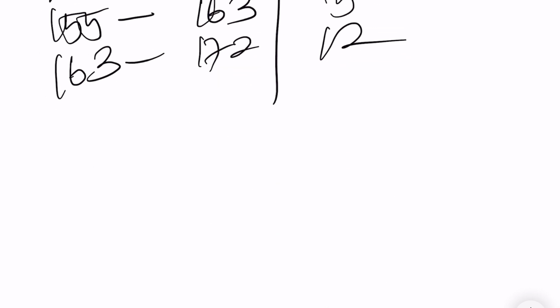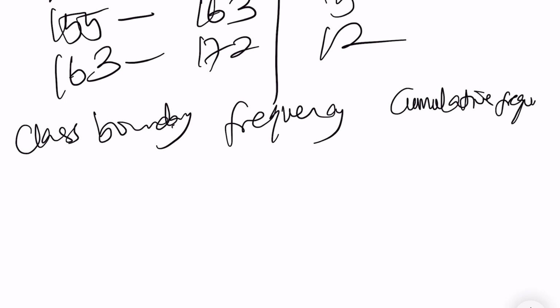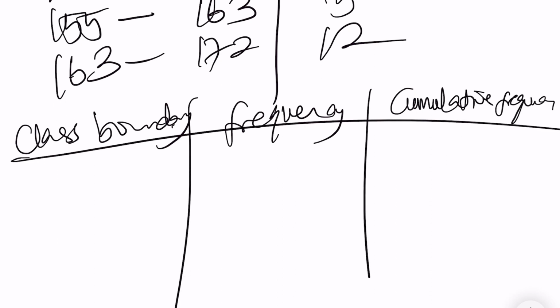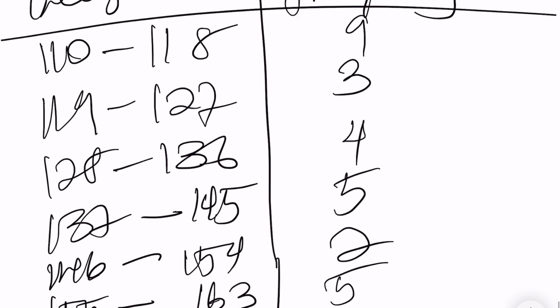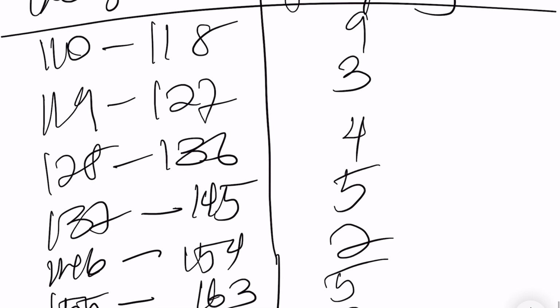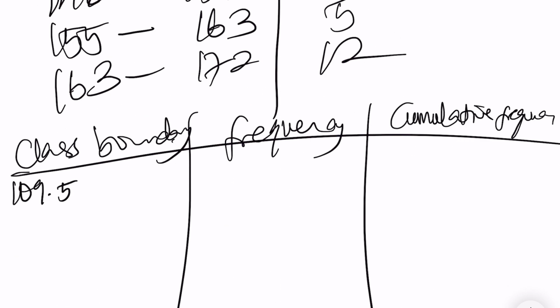So now we have to prepare first a frequency table. Here we have the class boundaries, the frequency, and the cumulative frequency. We have 109.5 to 118.5, there is 9.